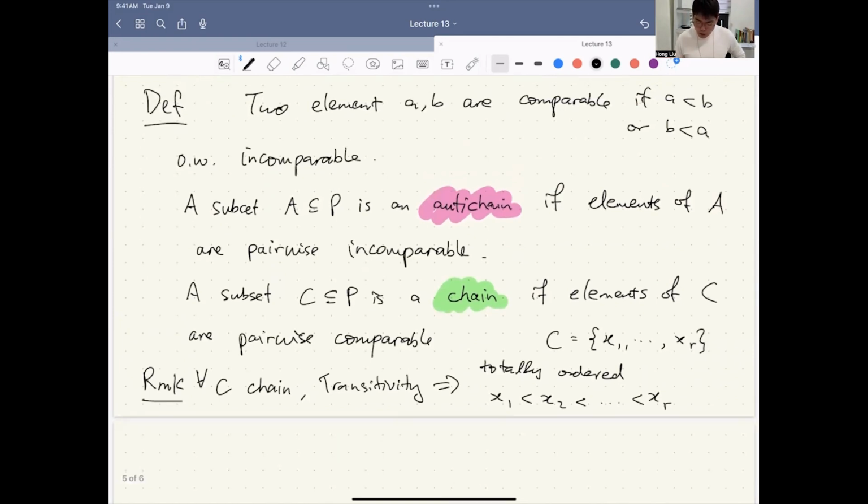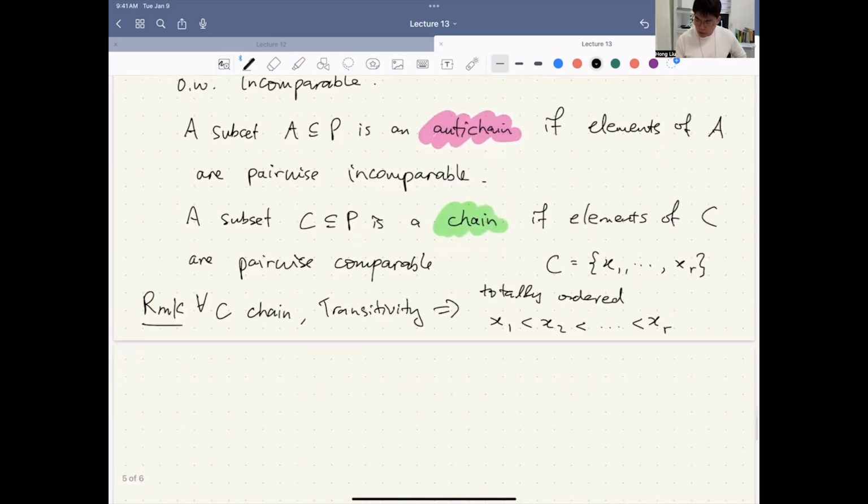We will call the size of the largest anti-chain the width of the poset. How wide it is.